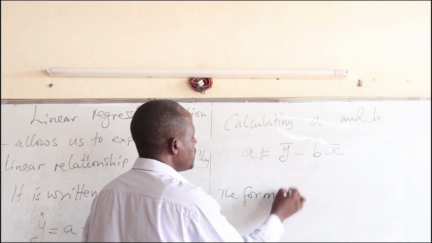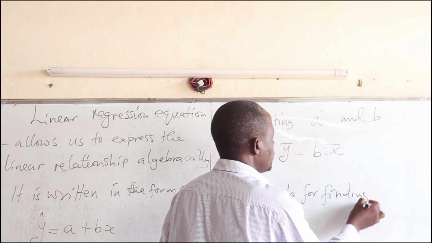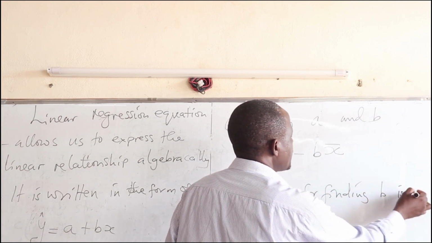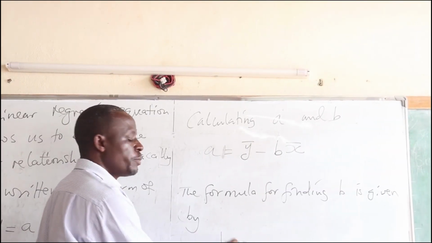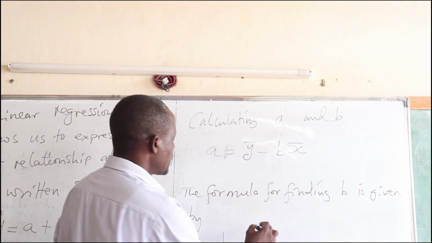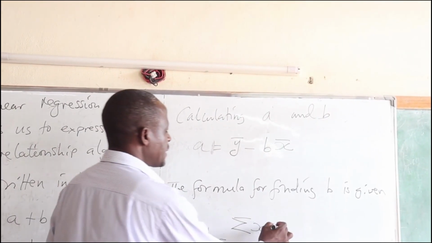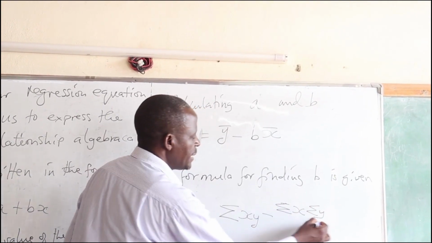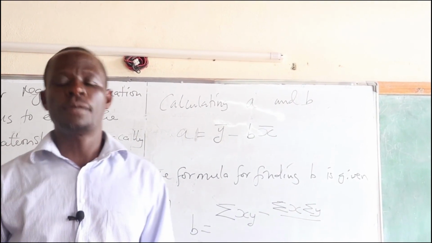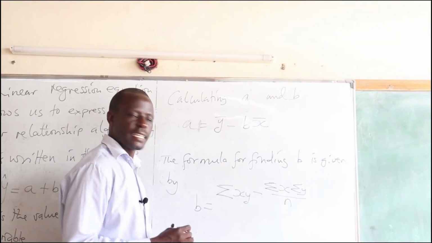The formula for finding b is given as b is equal to the sum of the product of x and y minus the sum of x multiplied by the sum of y divided by n, where n in this case is the number of data pairs that we have in the data set.